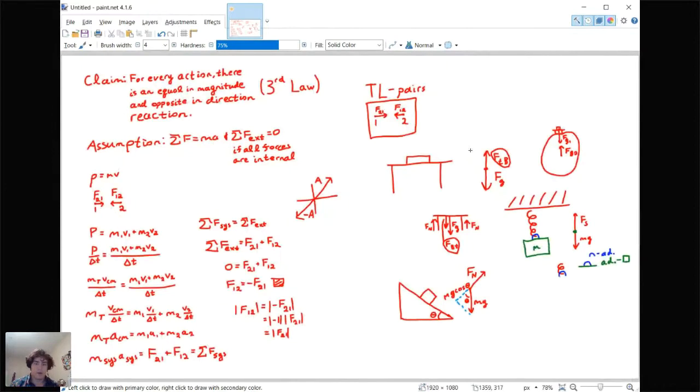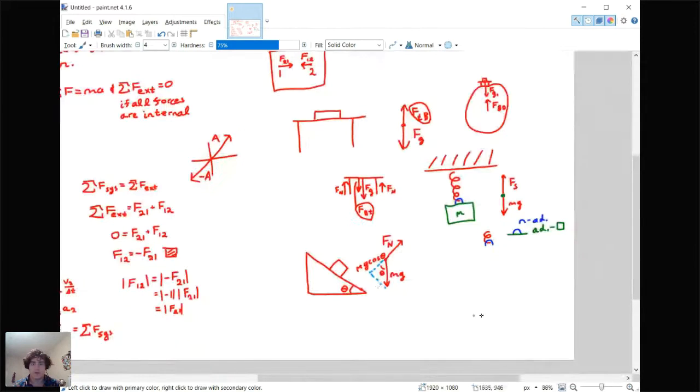So we're a step closer. If the box isn't leaving the plane, then they're equal in magnitude because that means there's no acceleration in the direction perpendicular to the plane. So they're equal to each other, and they're also opposite in direction. So we're a little closer, but not quite. We have to look at it at a deeper level.